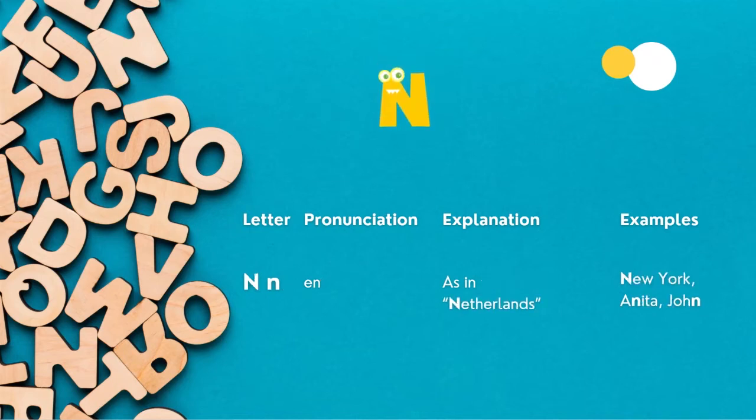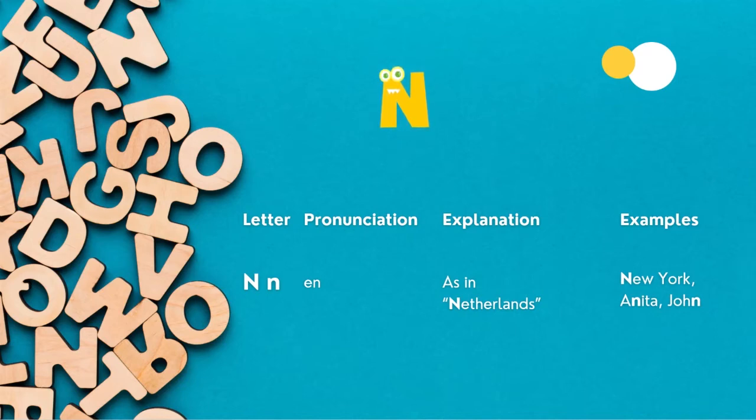Then we have a sound that's quite similar, right, in English too, and that is the N, the N. So before it was the M, and this is the N, N. And the explanation of that is as in Netherlands, right? Netherlands. So some other examples are New York, Anita, John.